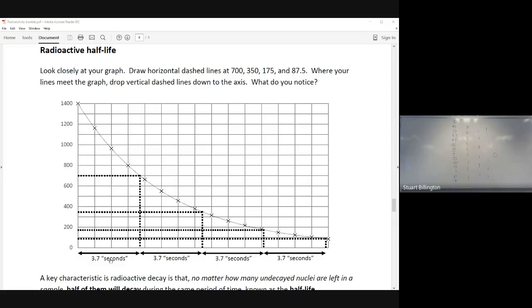For atoms that are quite stable, they'll have a very small probability of decay. And so they're going to have a really big number. This number is directly related to how unstable the nucleus is, and every isotope is different.